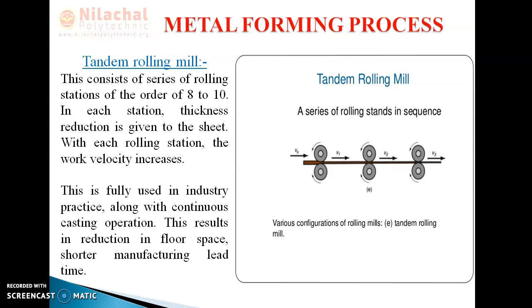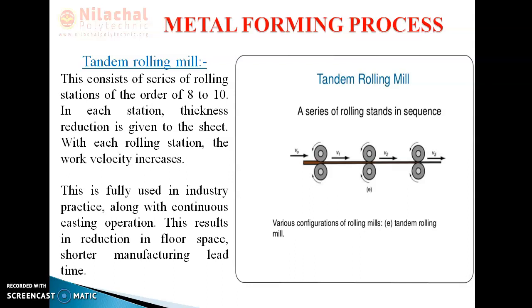This is fully used in industry practice, also with continuous casting operation. This results in reduction in floor space and shorter manufacturing lead time. That means in tandem rolling mills, the production rate is maximum because it is a series of rolling presses.